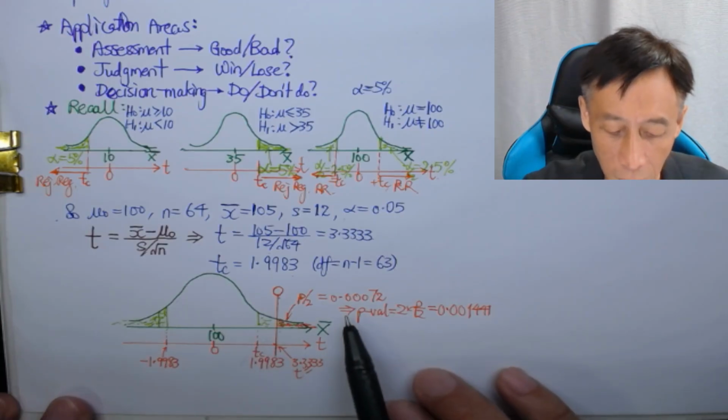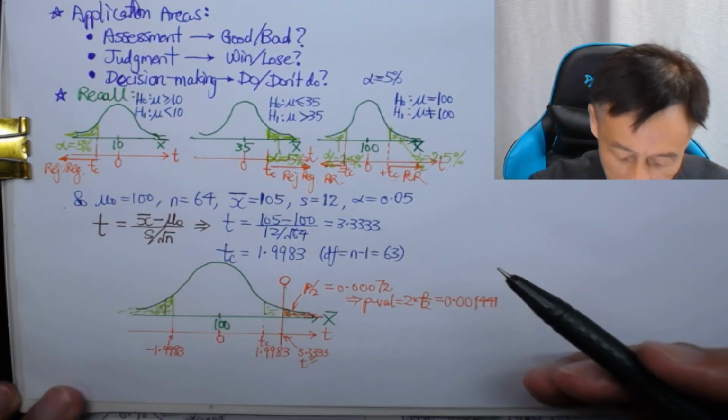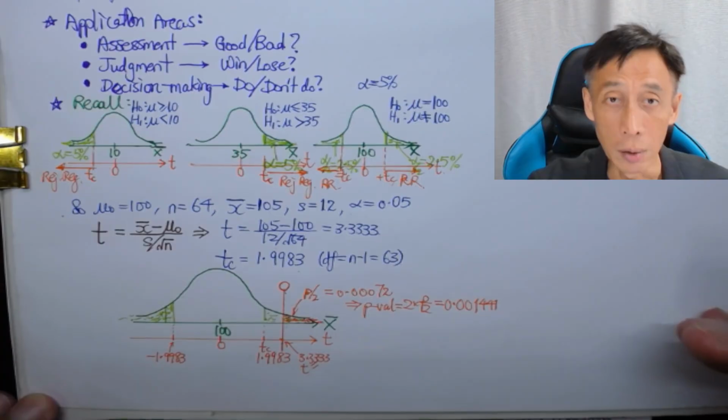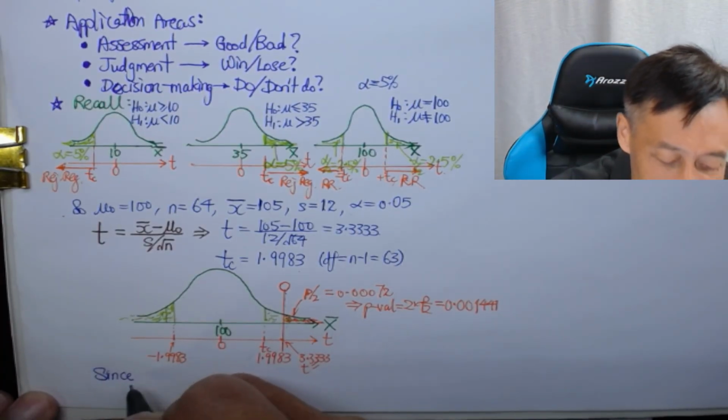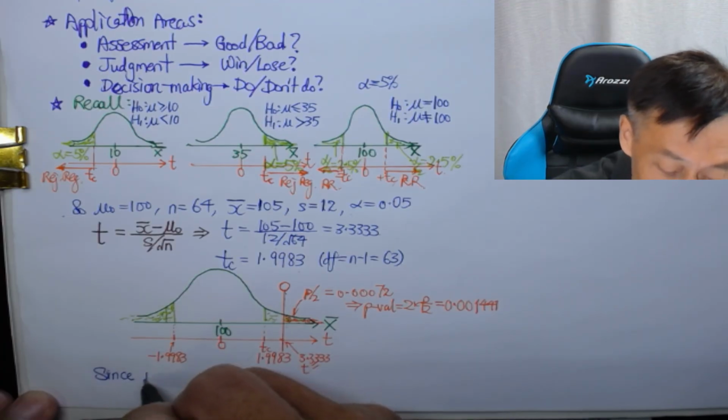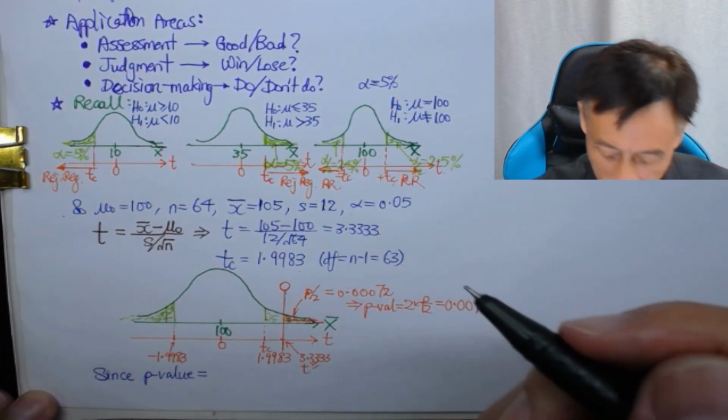So that's why we say this is a big deal, right? So hence we are supposed to reject H naught. Of course, you don't go through this elaborate thinking all the time when you do statistics.